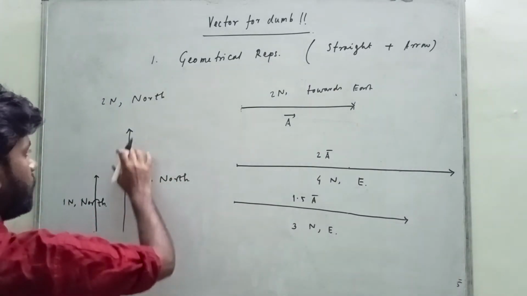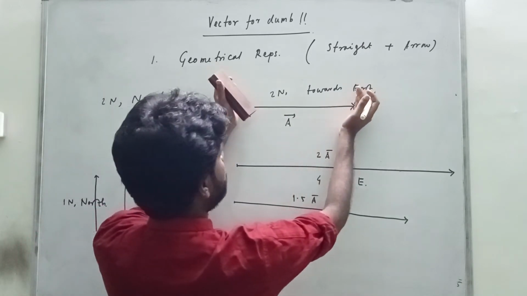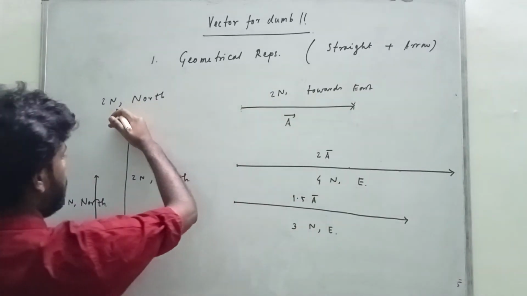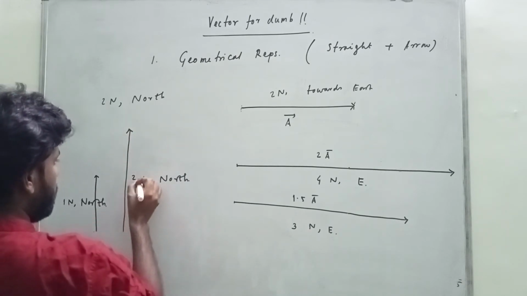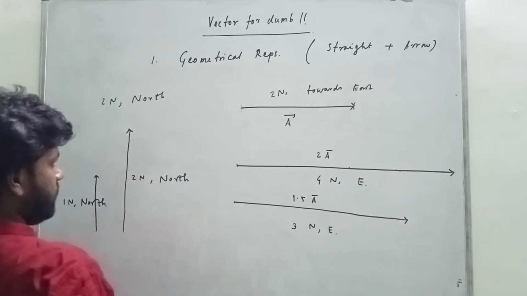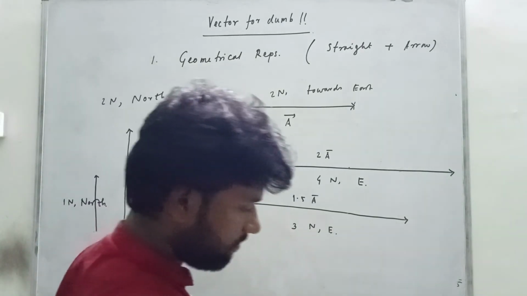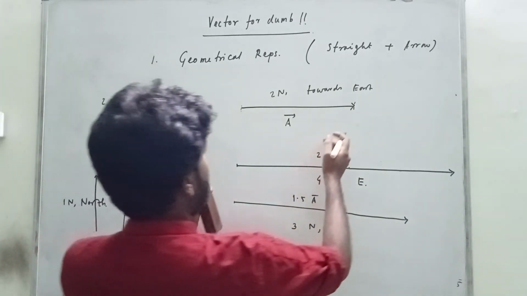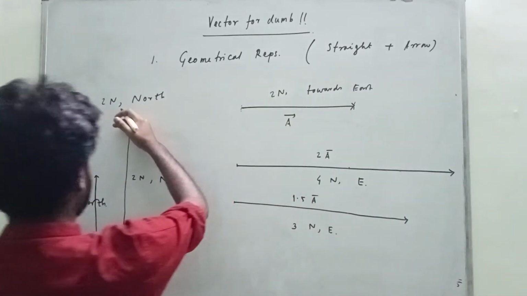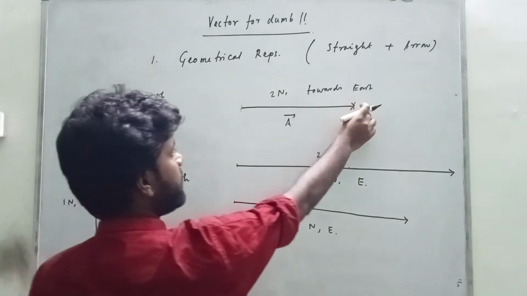Okay, and then actually, it's not the same thing, because the magnitude is the same, 2 units here, but the direction is towards north. So it is another vector, right? Because a vector means length, I mean the magnitude, as well as the direction. Here the direction is towards north and there it's towards east.